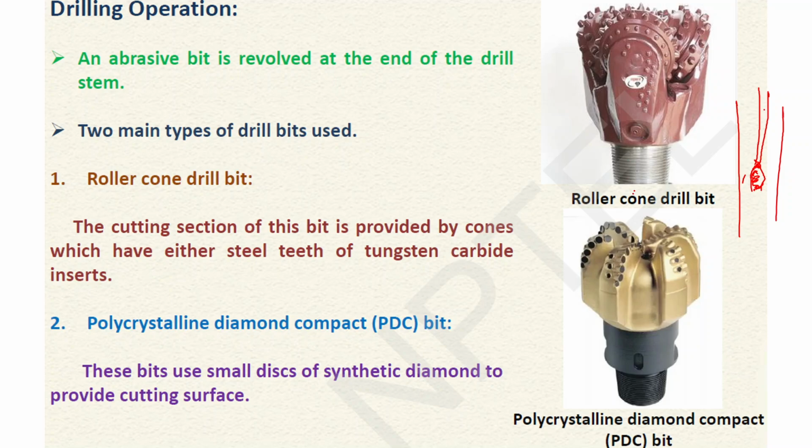So basically, two different types of drilling bits are mainly used, one of steel and the other of diamond. As we know, diamond is a very hard material, so diamond is used here for the easy cutting of the rocks.